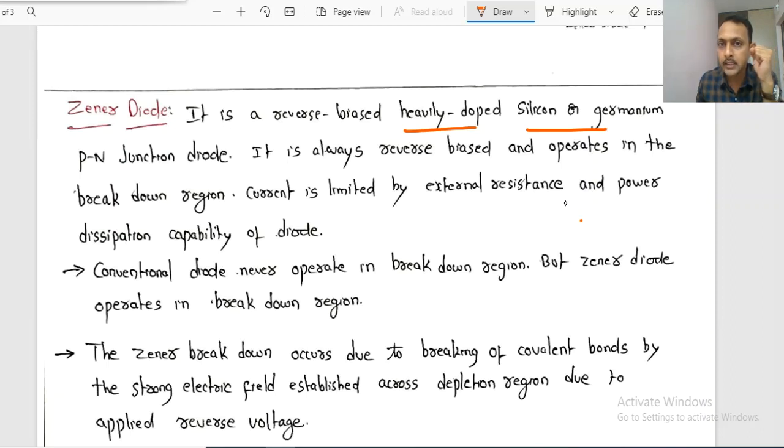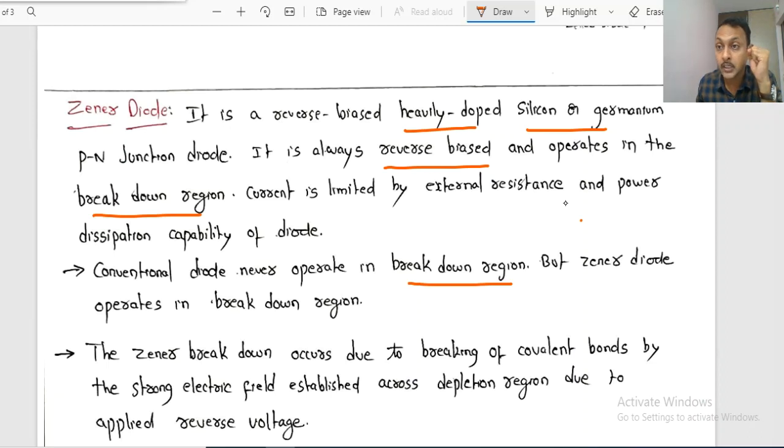One more point is that it always operates in the reverse bias mode and in the breakdown region. Whereas our conventional diode does not operate in the breakdown region; most of the time it operates in the forward bias mode.